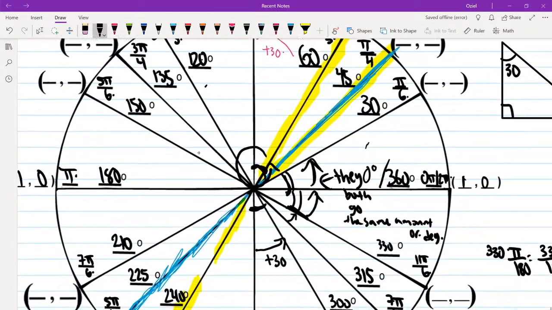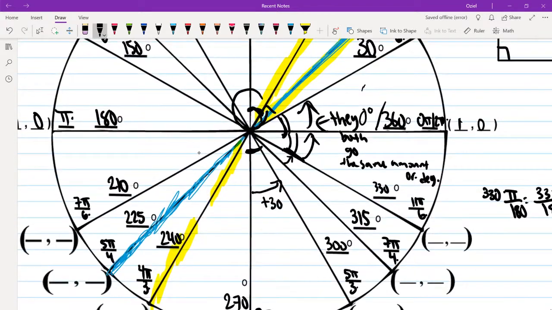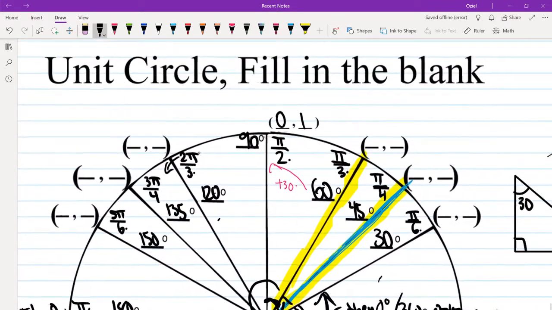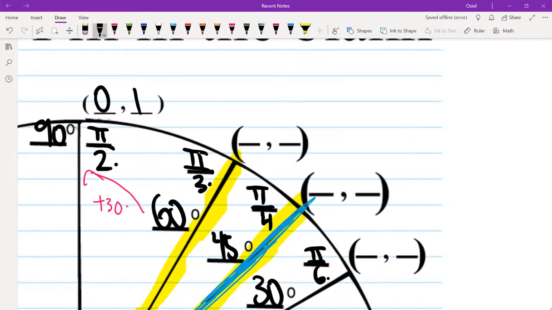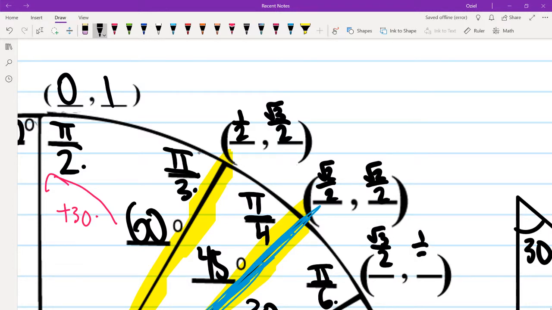But anyways, let's move on to the actual coordinates. Again, the way I like to think about it is you would say 1/2, square root of 3 over 2, and then square root of 2 over 2, square root of 2 over 2, and then square root of 3 over 2, 1/2.